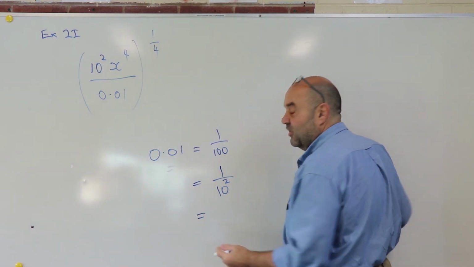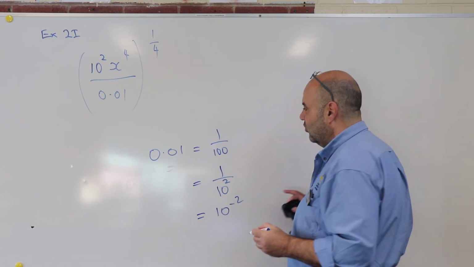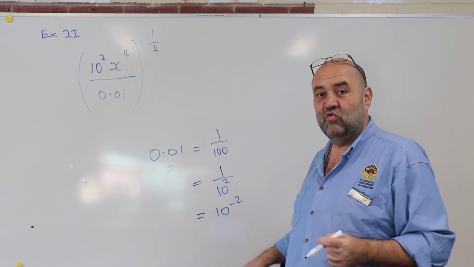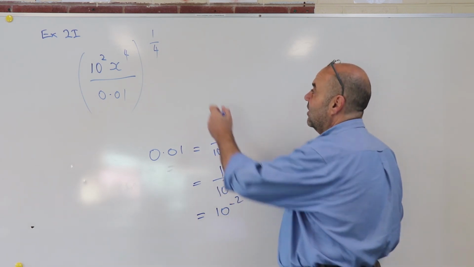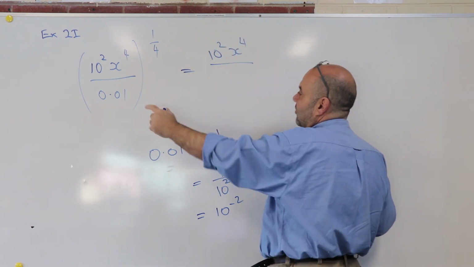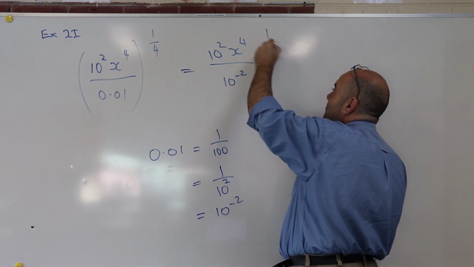Well, from the negative index laws, we know that that's 10 to the power of negative 2. So this 0.01 is 10 to the power of negative 2. So let me rewrite that. We've got 10 squared x to the 4 over, not 0.01, but 10 to the power of negative 2.